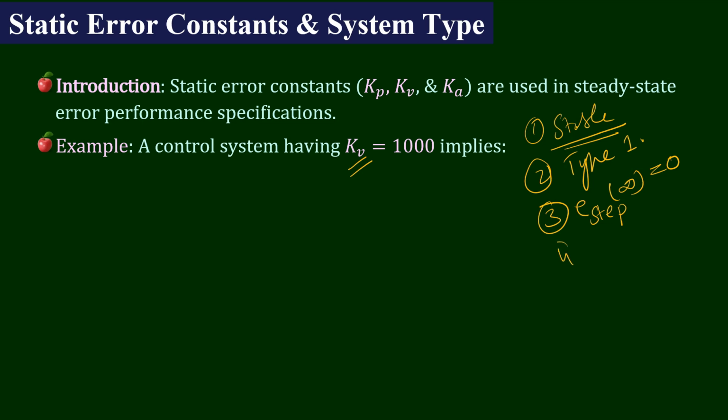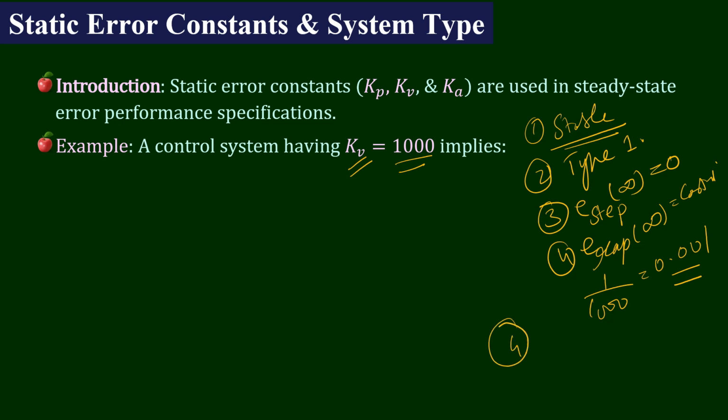Number 4, E ramp infinity will be some constant value, and the reason is that kV is constant, and kV is 1000, so this error will be 1 over 1000. This means it will be 0.001.